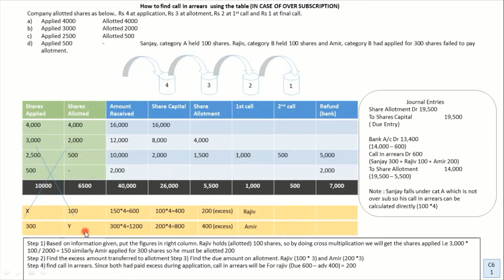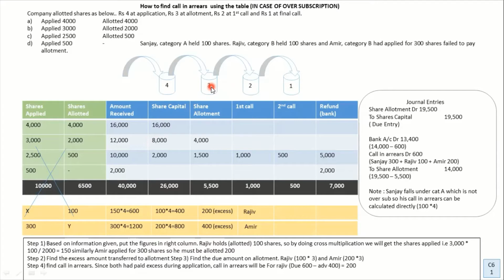So now once we got this figure, same thing we are going to do 300 into 4, that is 1200, and the amount what we got is 200 into 4, 800. We realize that there is an extra or excess amount what he paid, that is 400. At the time of allotment, he was allotted 200 shares, right? 200 into 3 rupees you are going to charge, that is 600.